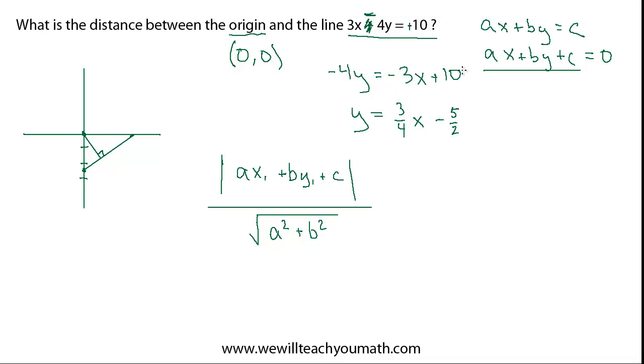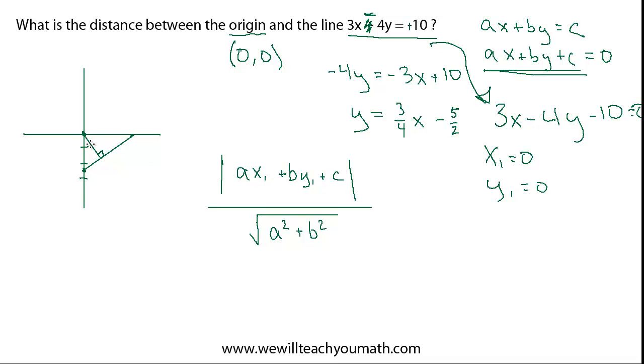This is all in y equals mx plus b format, but let's write it in standard form that matches this. We would get 3x minus 4y, and then we just have to subtract the 10 over: minus 10 equals 0. And then x1 and y1 are the coordinates of the point that we want to know the distance away for. In this case, x1 is 0 and y1 is 0 because we want the distance from the origin.